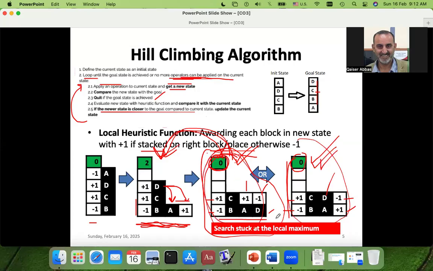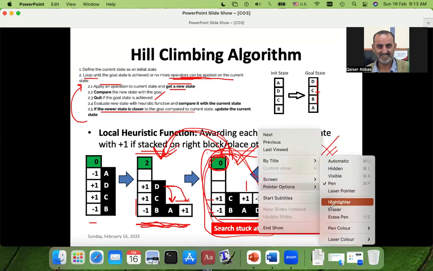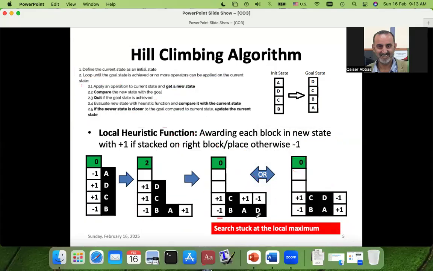These new states are not giving us any improvement according to that previous one, which I'm calling the current state according to this algorithm. So these are the new states, and this is the current state.